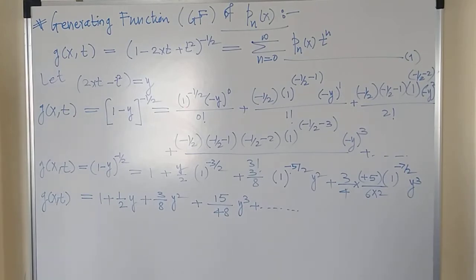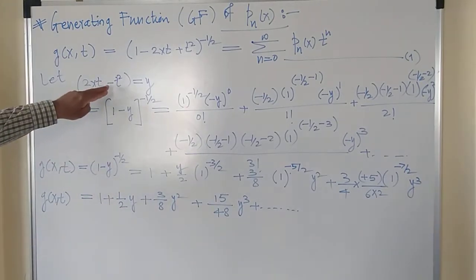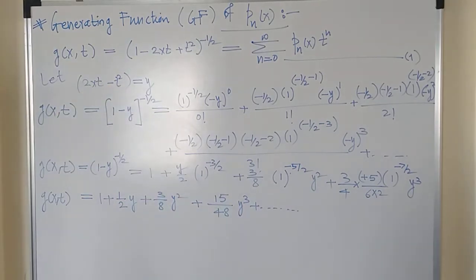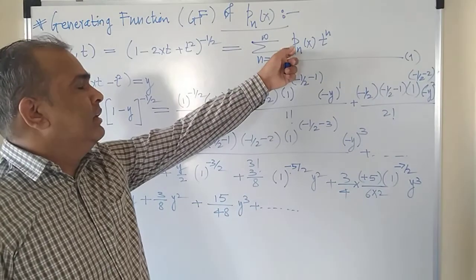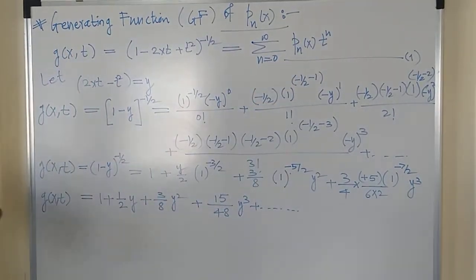Now put the value of y equals 2xt minus t square, and once you put this value, I need not write g of xt, I will just write this, and the right hand side as p n of x. Now first simplify this and then we'll put it in equation number 1.